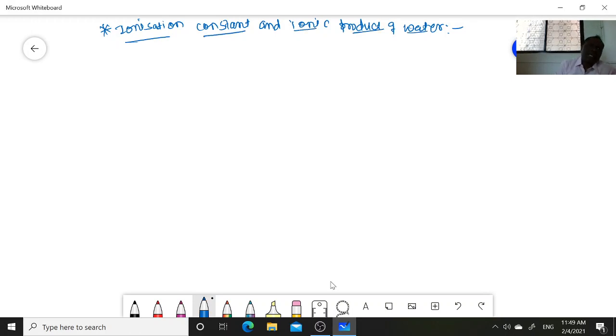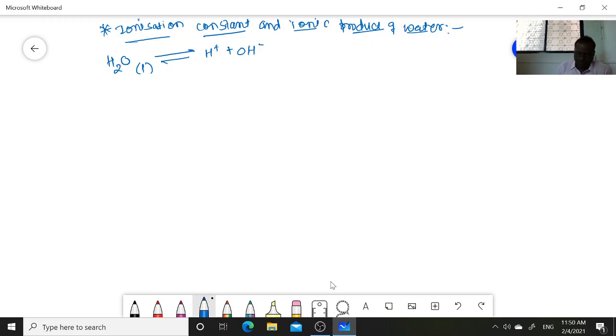So we know that water is amphoteric in nature. It behaves as a base as well as an acid, right? Water in liquid form will dissociate into H plus and OH minus.